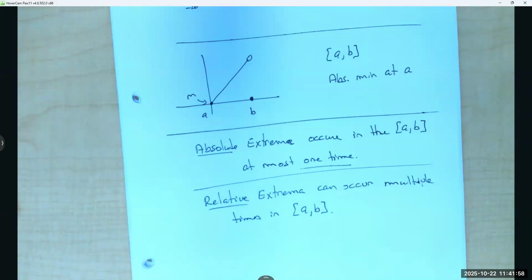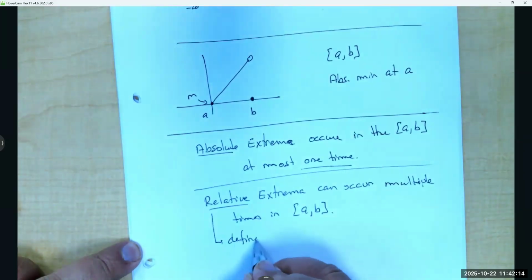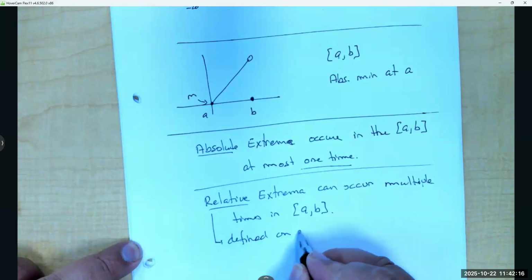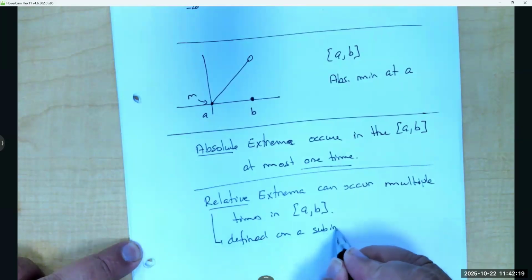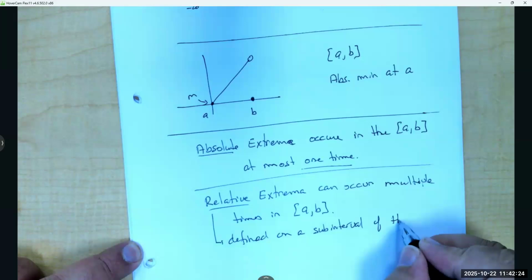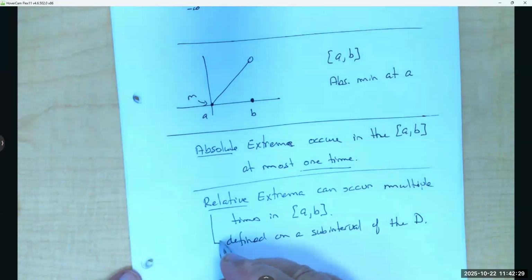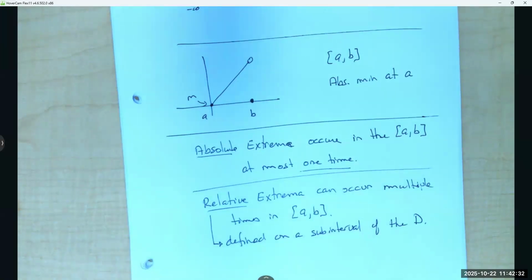Have you ever heard that before? Relative extrema is defined on a subinterval of the domain, the overall domain. What does that mean?